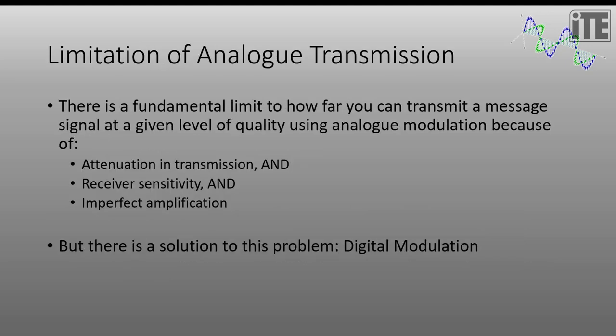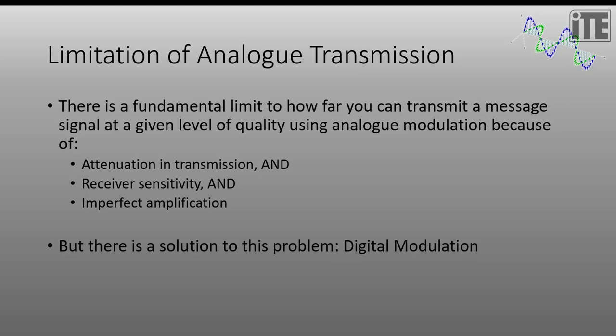So these things provide a fundamental limit to how far you can transmit a message signal at a given level of quality using analog modulation, because of attenuation in transmission, receiver sensitivity, and imperfect amplification.